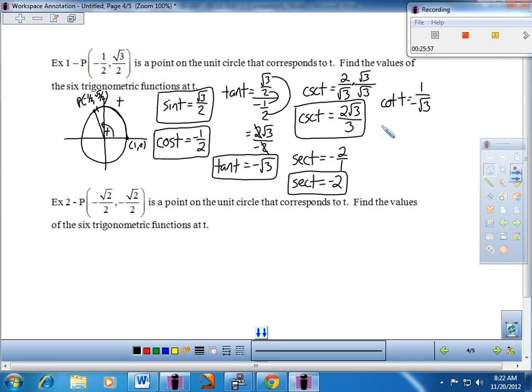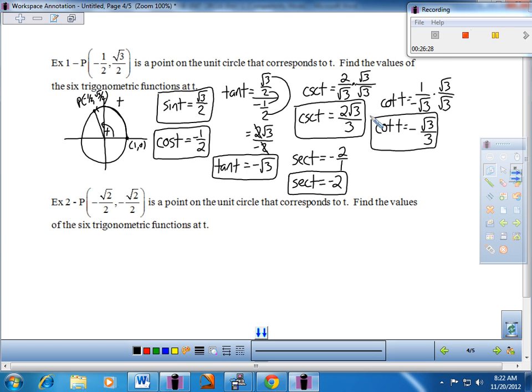And again, all that means is it's just going to be a negative value here. I'm going to rationalize this momentarily. So let's go ahead and see what happens. Same deal, everybody. Let's multiply by root 3 over root 3. And when all's said and done, hope everybody is in agreement that 1 times root 3 is root 3. Root 3 times root 3 is just 3. So the cotangent of t is negative root 3 over 3.